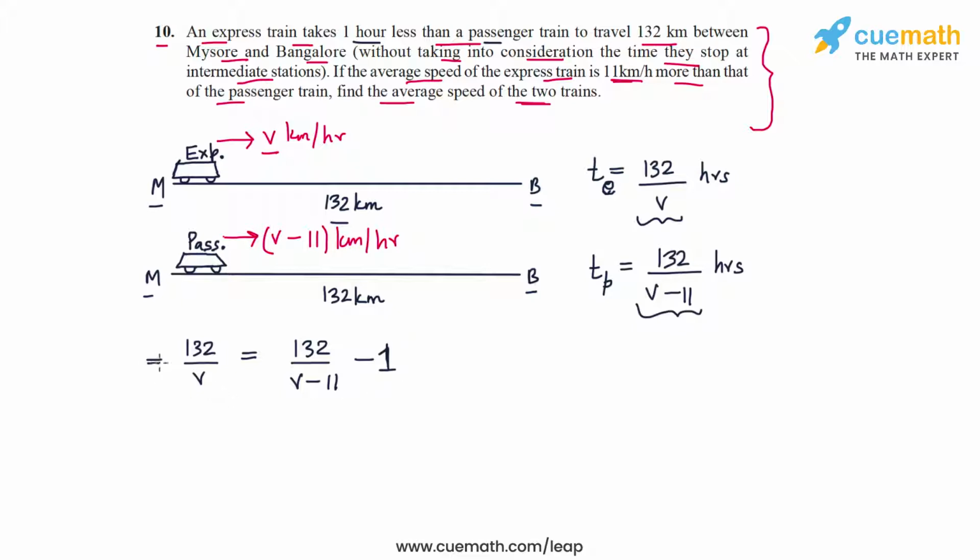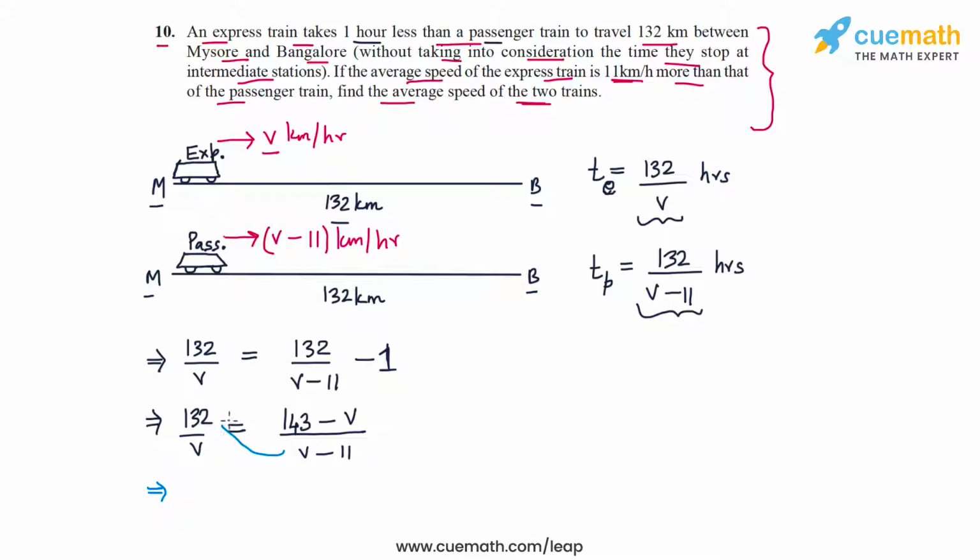So this is how we can write an equation in v, and now all we need to do is to solve this equation and find the value of v. So we have 132 by v, and on the right side let's take the LCM. So we have v minus 11 in the denominator, and in the numerator we have 132 minus v plus 11, so 143 minus v.